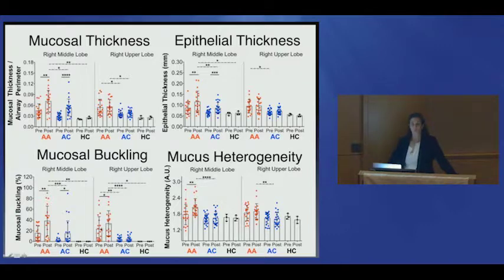Those airways closed up as well. So maybe indicating that the smooth muscle there is a little bit more twitchy in the asthmatics compared to the allergic controls. And then I pointed out the mucus heterogeneity was interesting as well. We saw a difference to the allergen in mucus heterogeneity in the asthmatics, but nothing in the others. Which was interesting.